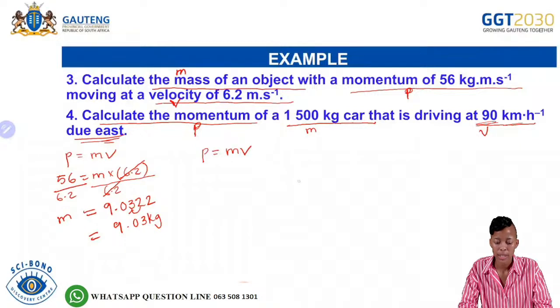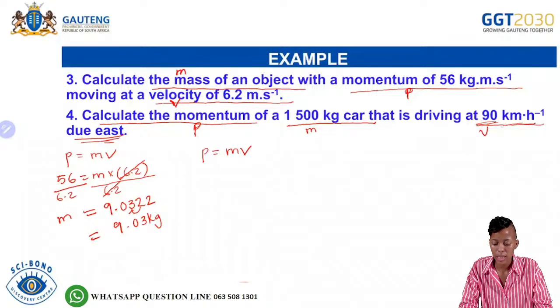It's P. Next we check, do we have the mass? Yes. Do we have the velocity? Yes. But the velocity is given as kilometers per hour. So what is it that we need to do? Before we do our substitution, let us do a conversion. So we are going to convert this kilometers per hour to meters per second.